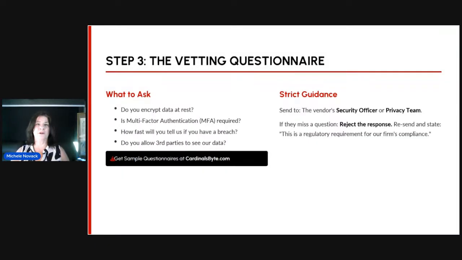Breach notification. This is a massive one, right? What is your formal contractually obligated timeline to notify our firm in writing following a suspected or confirmed data security incident or breach? You should reject answers exceeding 72 hours for high-risk data. The IRS requires rapid reporting.